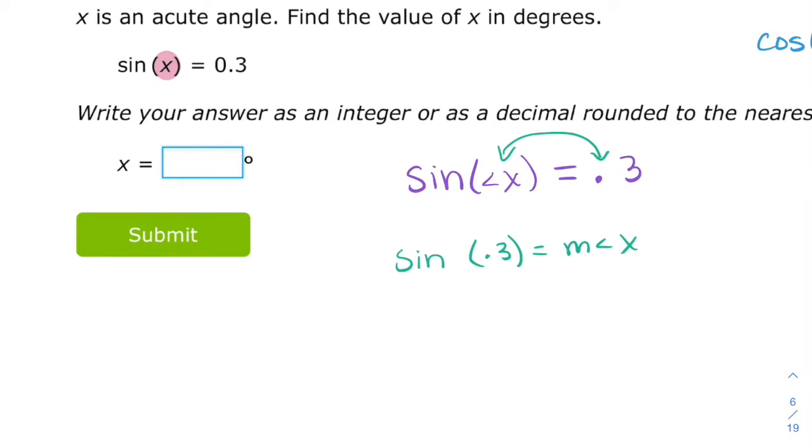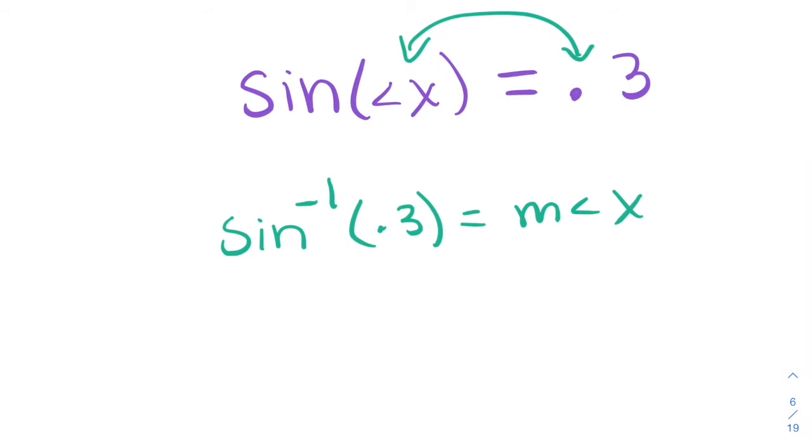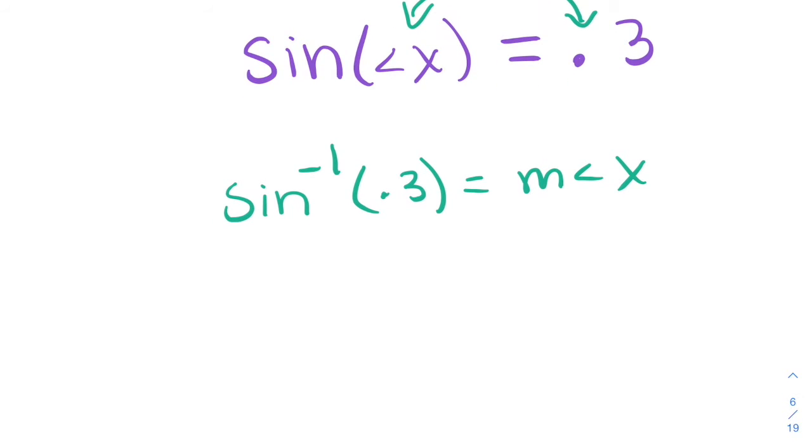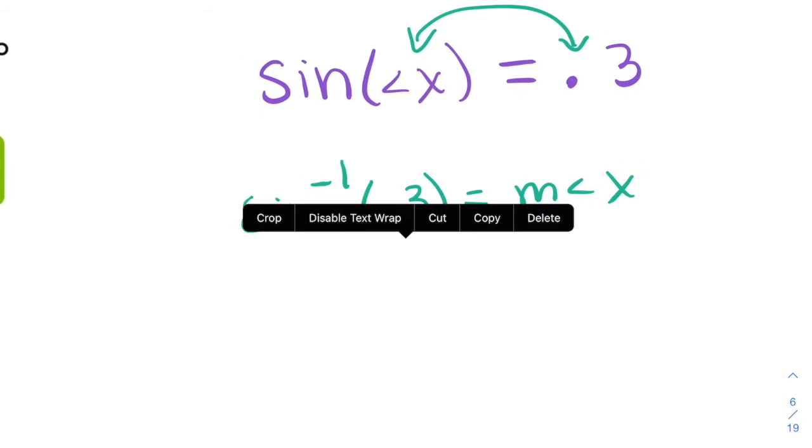But I can't just do that. I have to do what's called the inverse operation. So that -1 isn't really a -1. Don't say sine to the -1. It's called sine inverse. Sometimes in our calculator, it could be called arc sine.